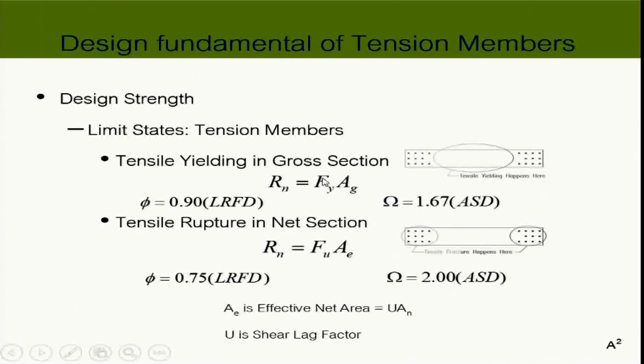And if this is a stress in the section, and because it's the axial force, that means you can easily calculate the tensile strength of your member by multiplying the yield strength with the area. Correct? This is the stress multiplied by the area, so you get the force. And this is the nominal strength. Okay? That means this is the calculated strength.